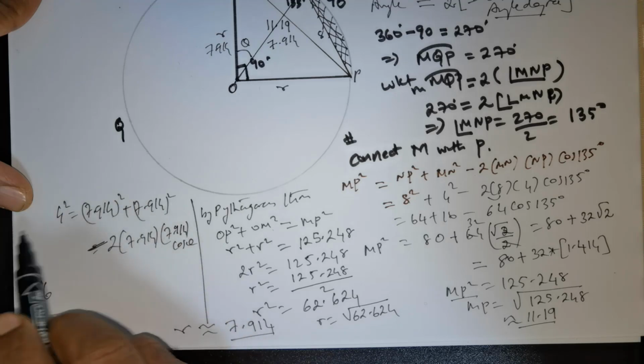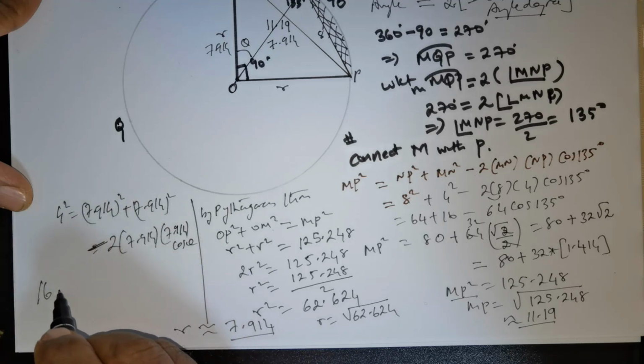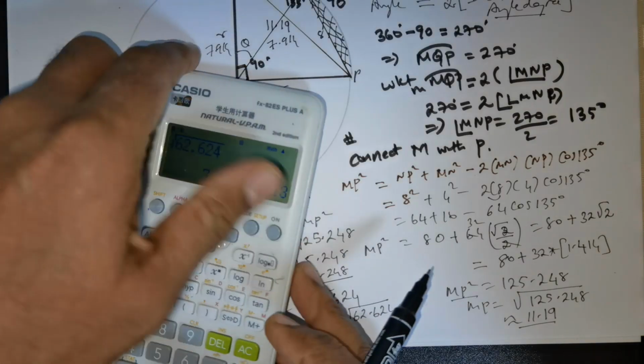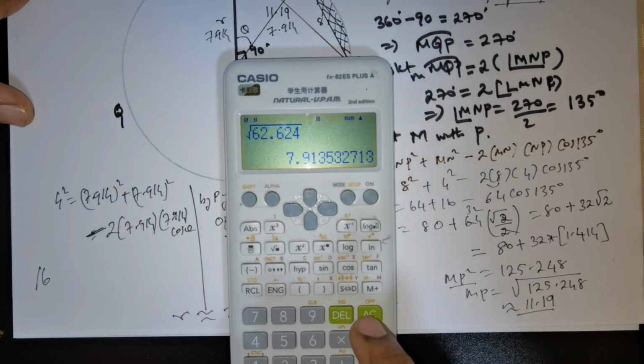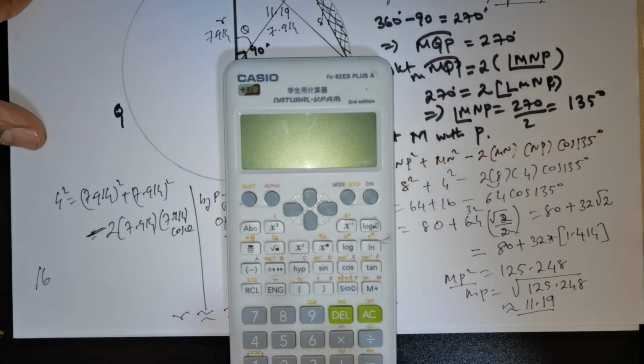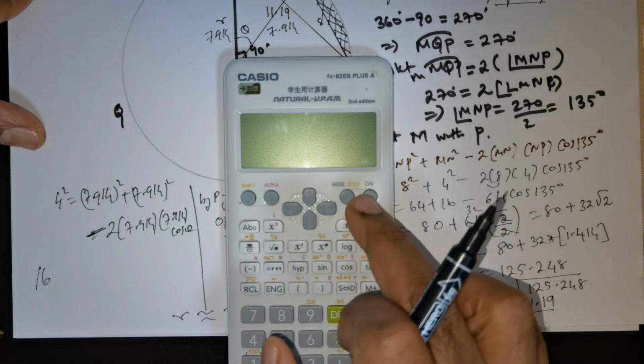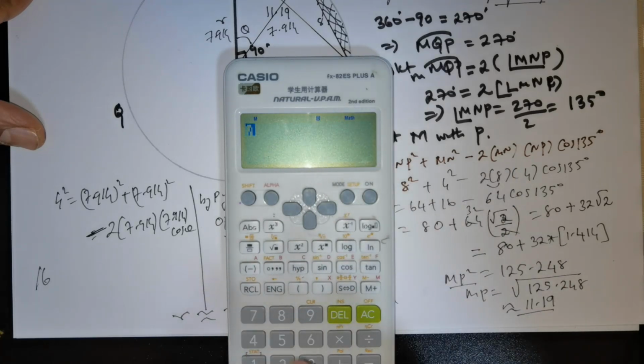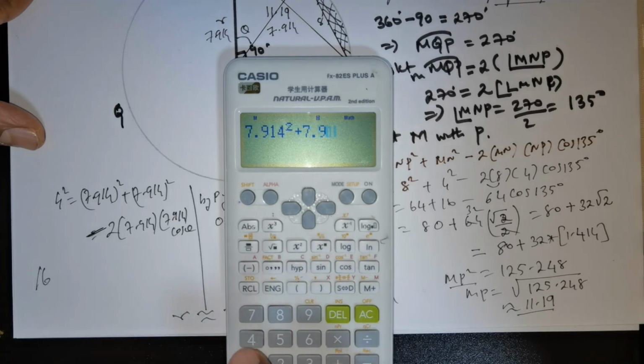And I can move these two to the other end. So if I were to move this to the other end, let me calculate and move them. 7.914 squared plus 7.914 squared, right?